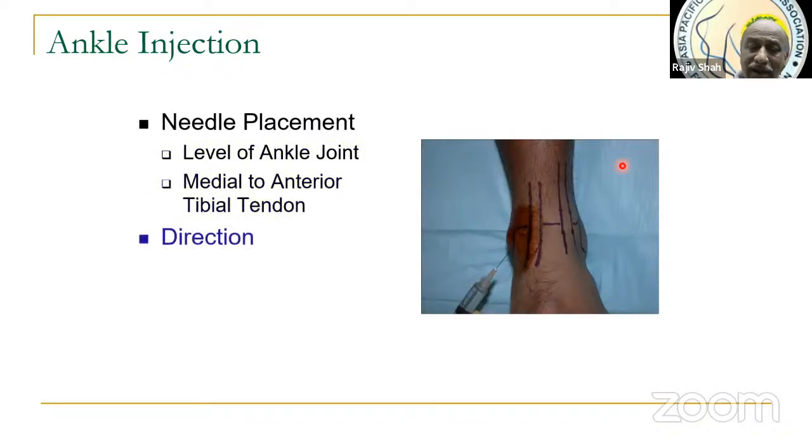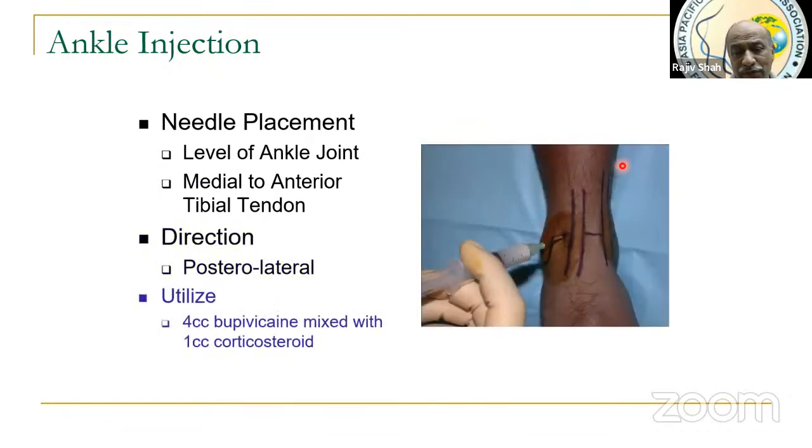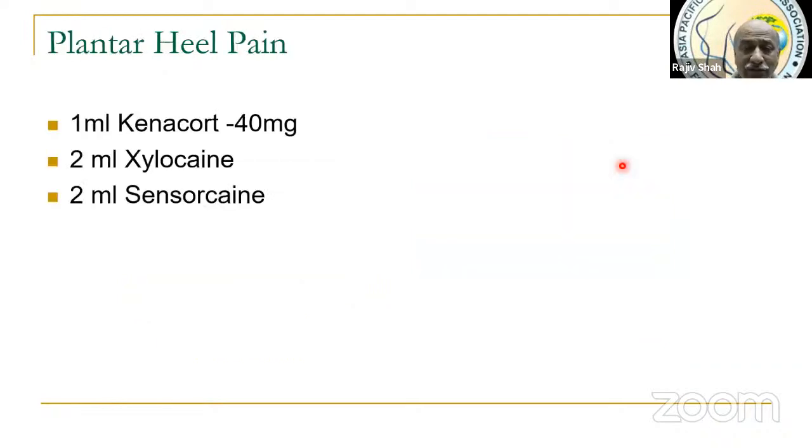But by and large, an anteromedial ankle injection is what is preferred. You put in the needle, go directly down, and then turn your needle towards the posterolateral aspect of the ankle. So you are underneath the important structures in front of the ankle, and then you inject. So that is how you inject for the ankle joint.